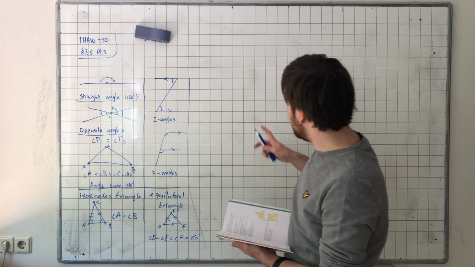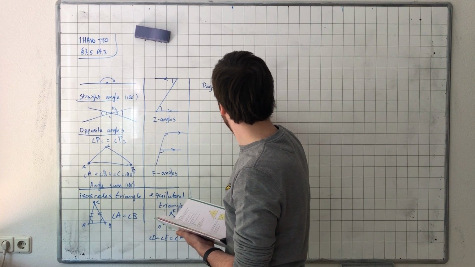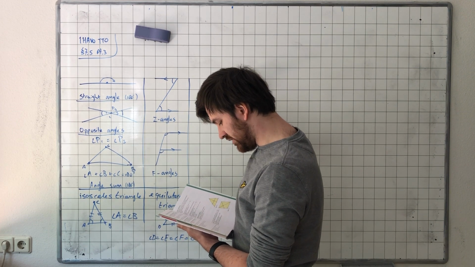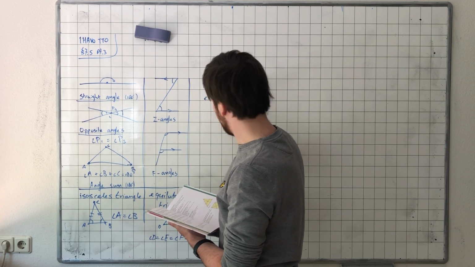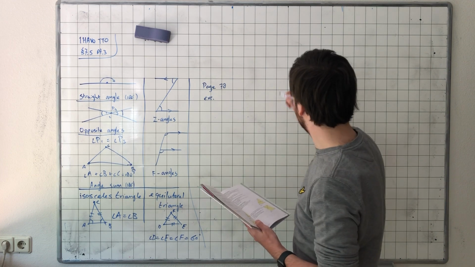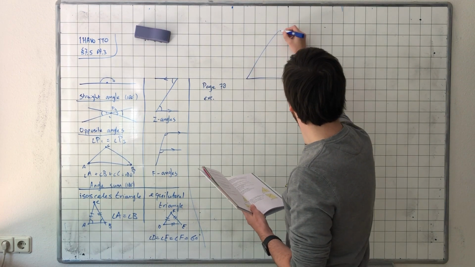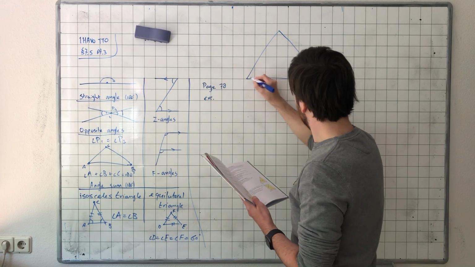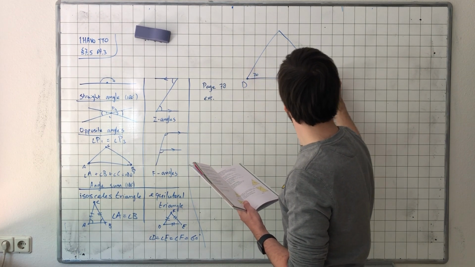Page 78. And on page 78 there is exercise 7. I'll make a quick drawing for you over here as well. Like this. And this is D, which is 70 degrees.